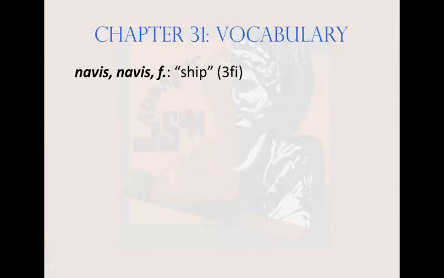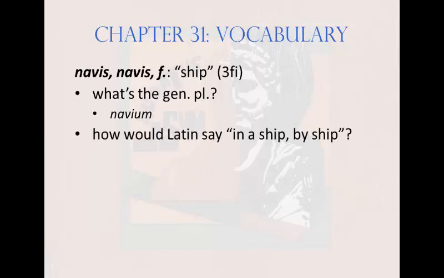Next is navis, navis, feminine, meaning ship. A third declension I-stem noun, which means its genitive plural will be navium. How would Latin say in a ship or by ship? That's the ablative of means, right? And does the ablative of means use a preposition? No. So what's the ablative singular ending of a third declension feminine I-stem noun?